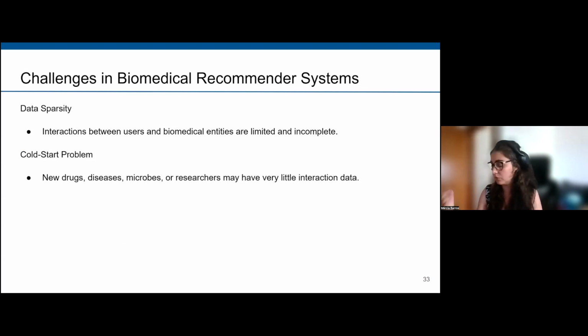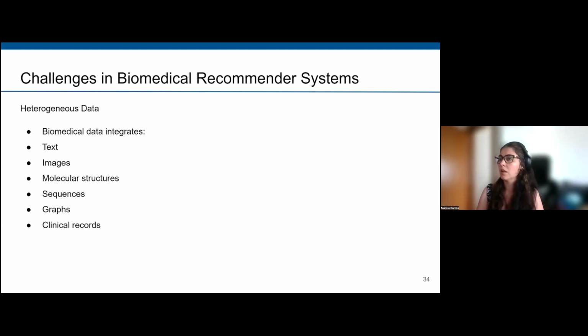Okay, so we need to find new data sets to deal with this. Another challenge is the heterogeneous data, because sometimes, even if we are dealing just with one field, we can have multiple different types of data. Text, images, molecular structures, sequences, graphs, clinical records, all for the same recommendation approach.